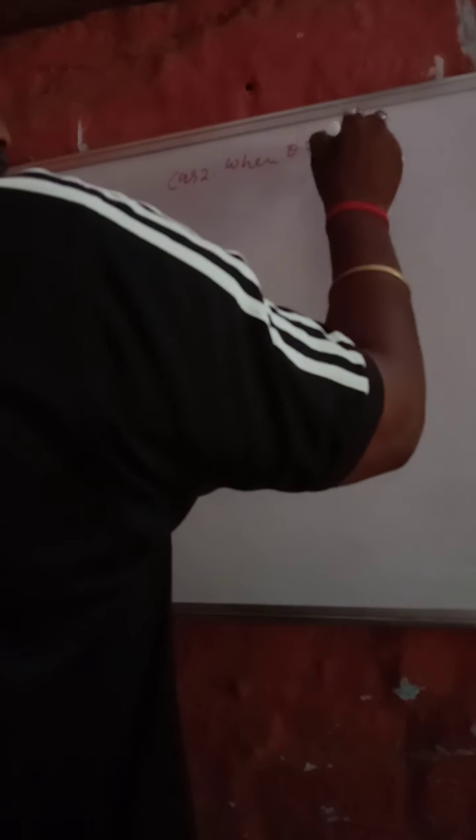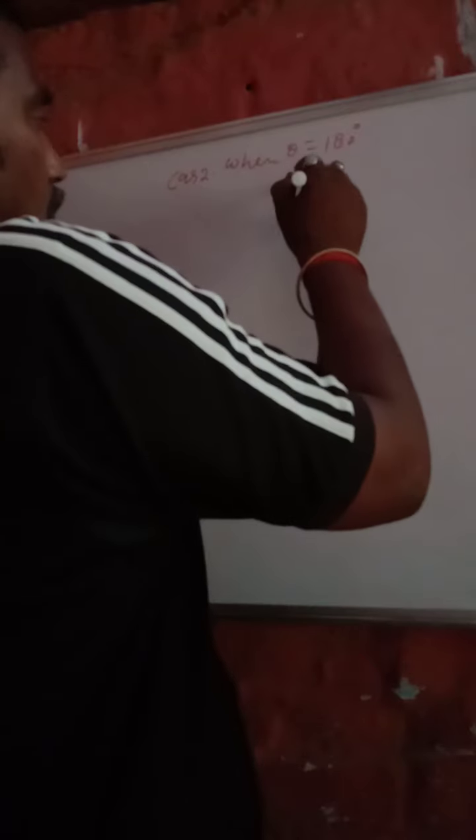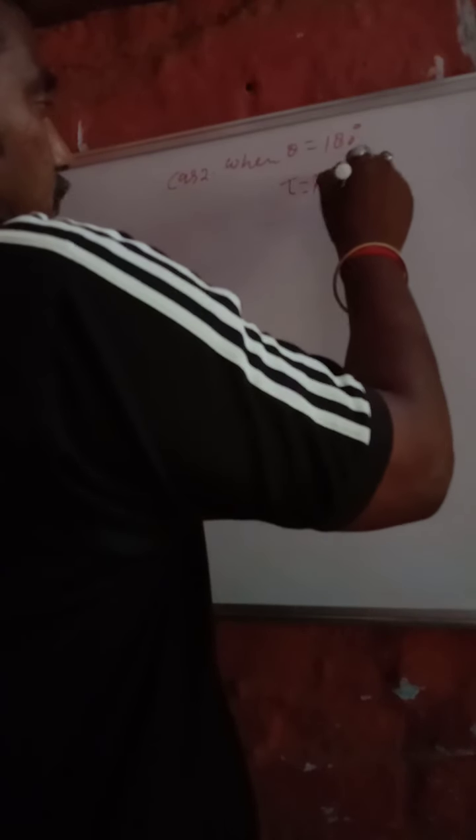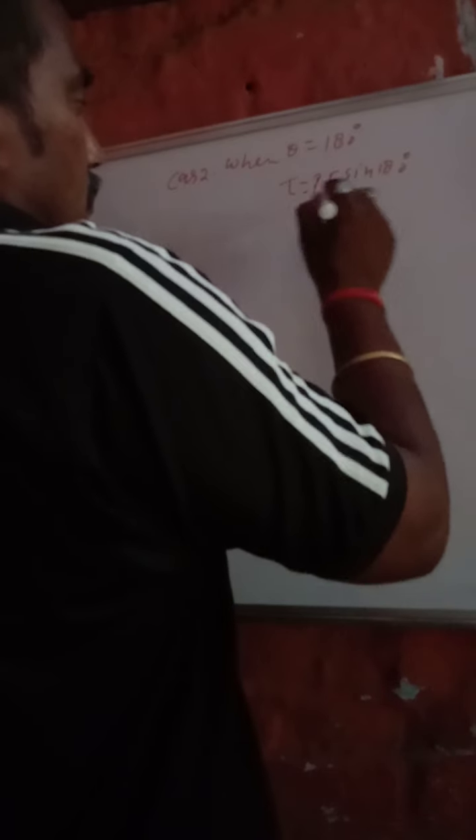Another, case 2. When theta is 180, then tau is equal to PE sin 180. Its value is 0.